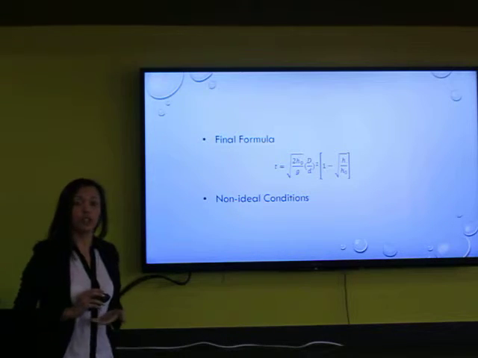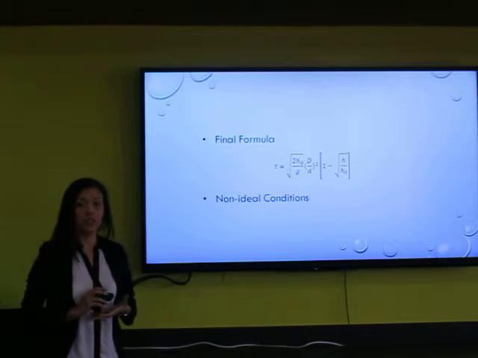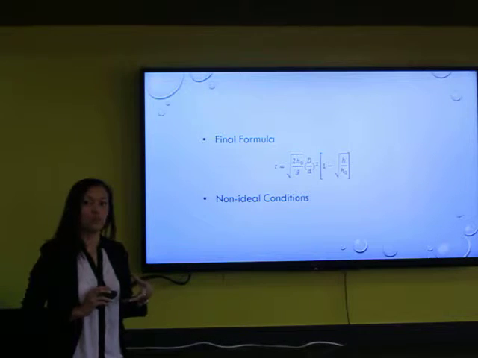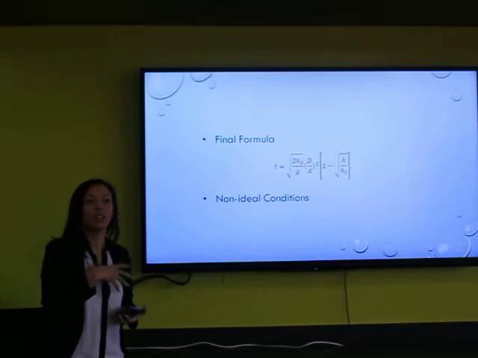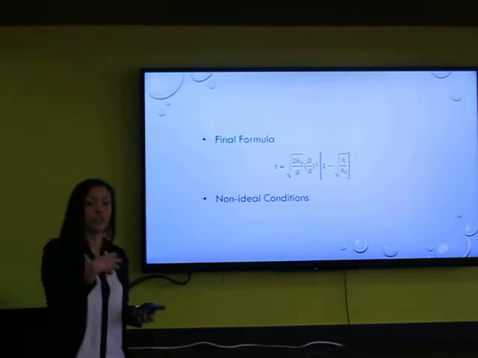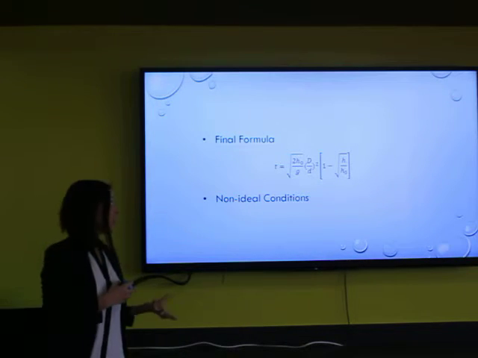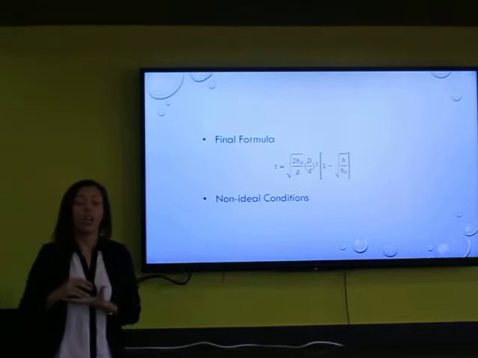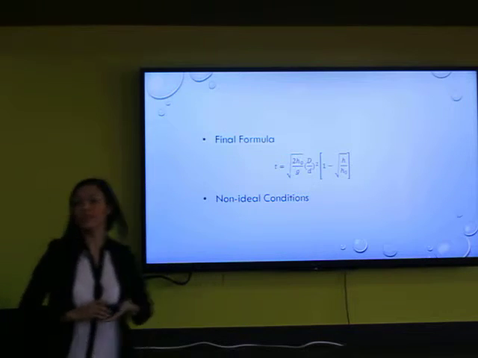However, it's important to keep in mind that this formula only works for perfect and ideal conditions, and it does not account for losses. So in order to apply it to real-life problems, we need to find a coefficient. In order to do that, we need to perform an experiment and compare experimental results to our theoretical guess. So Alan will explain to you how exactly we came up with this formula. Alan?